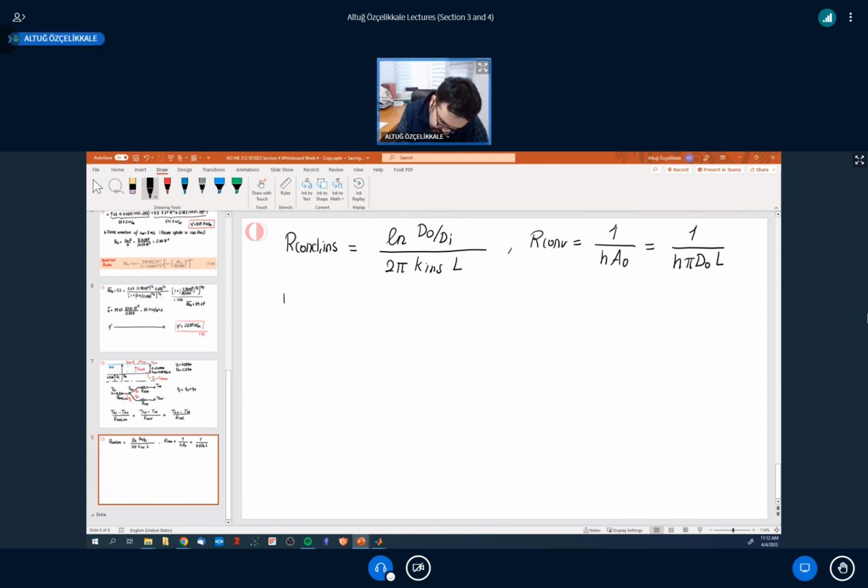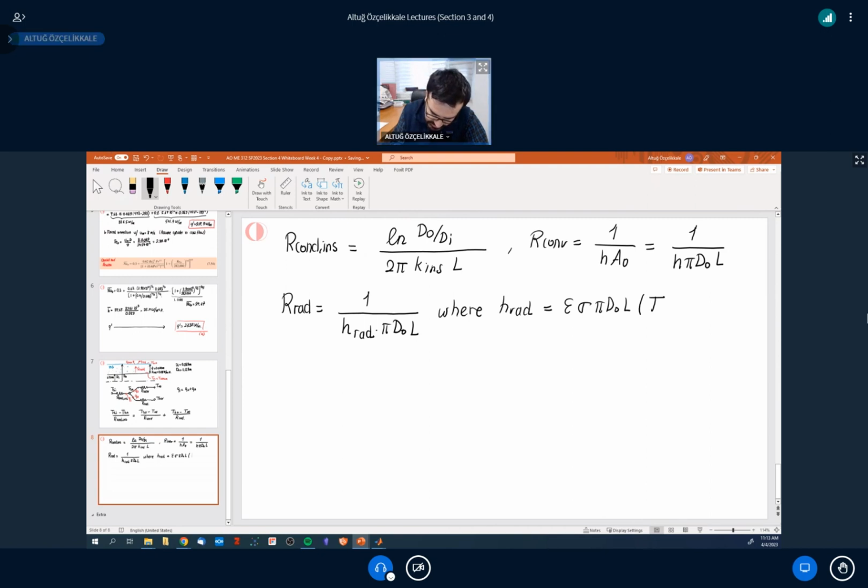What else? The radiation resistance is going to be similar to the convection resistance. We are going to have a radiative heat transfer coefficient multiplied by pi dO L. However, this radiative heat transfer coefficient is a strong function of temperature, if you remember. That's simply the Stefan-Boltzmann law divided by Ts minus T surroundings.